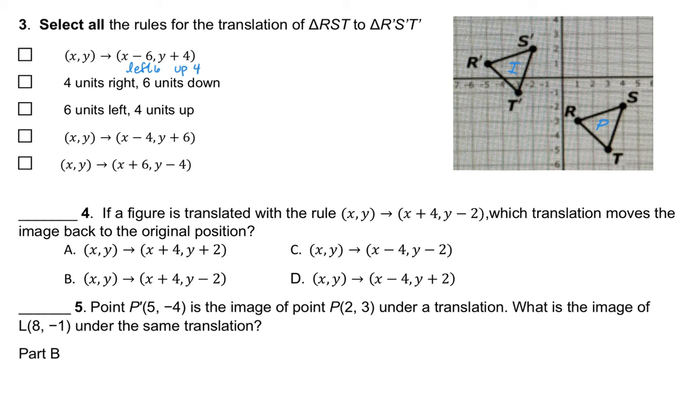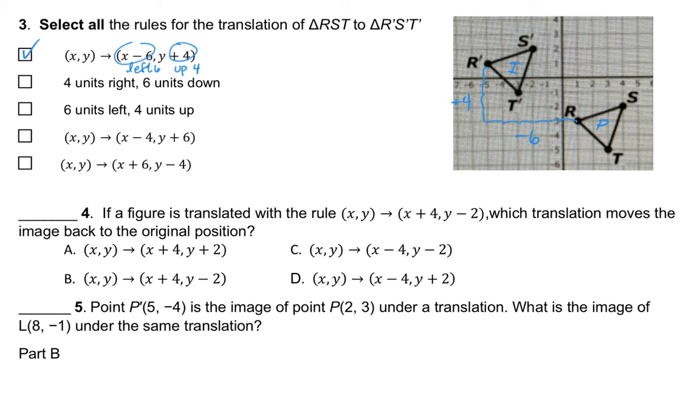That's what this is telling me, left 6 and up 4. So let's take 1 point, left 1, 2, 3, 4, 5, 6, and up 1, 2, 3, 4. That worked for R. Looks like it'll work for S. Looks like it'll work for T. So I'm going to check that box. That definitely worked.